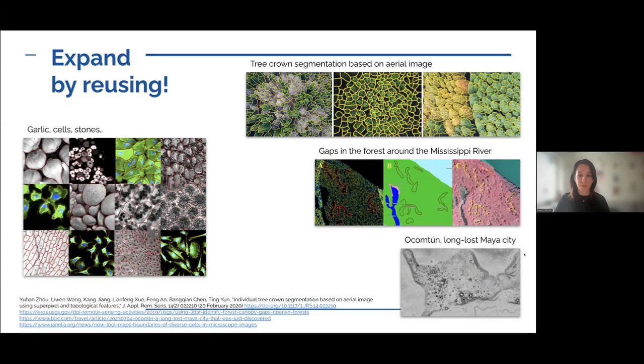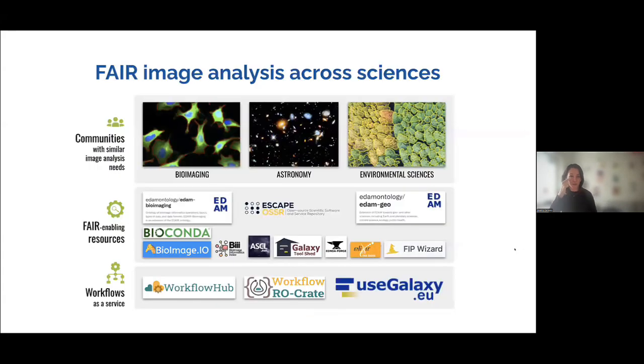And for that, we have a project that starts in March that is called FAIR Image Analysis Across Scientists, in which people from environmental sciences, from astronomy, and from bioimaging come together and, following these different FAIR practices, repositories and ontologies and so on, we want to make this homogeneous in a way that the same image analysis workflow in Galaxy could be done regardless of the input.